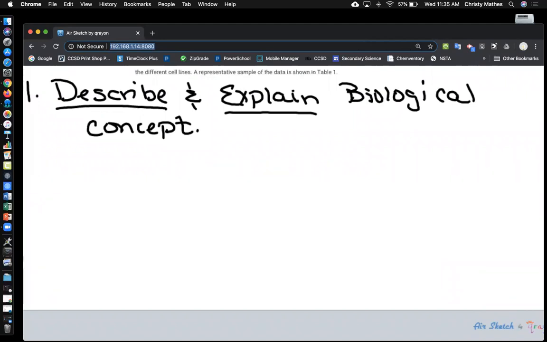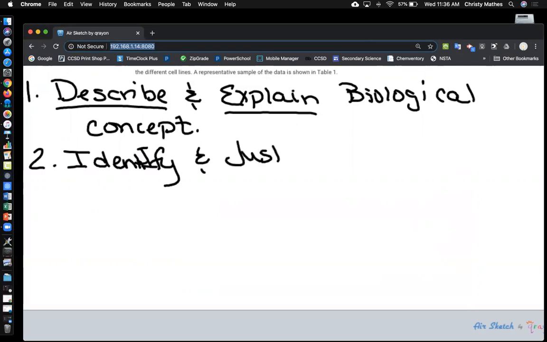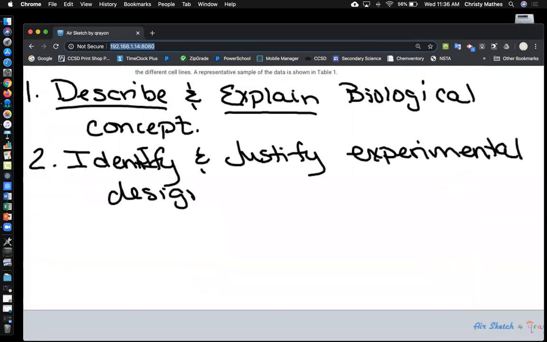Biological concept is that content piece that I've been trying to give you guys all year. The second part of this question is always to identify and justify the experimental design and procedure. We're not to results yet.